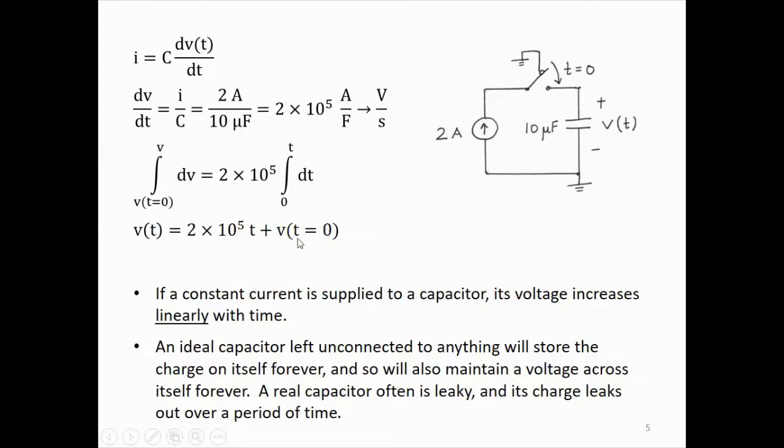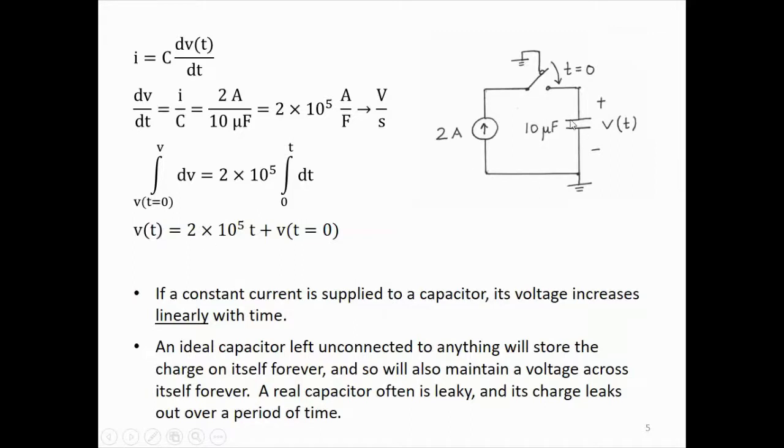The other thing is there is this V at t equal to 0. What is happening here is that the switch is moved to this position at t equal to 0. So for t less than 0, there could have been a voltage on the capacitor. We are not even told. But we assume that there may have been a voltage, and we call that voltage V at t equal to 0.